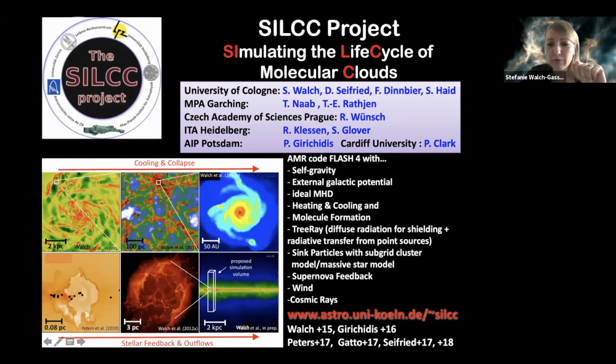In particular, what we are doing here is that we are forming cluster sink particles, and within these cluster sinks, we follow each individual massive star. So we say for every chunk of 120 solar masses of gas that is accreted, we randomly sample one massive star from the IMF. The 120 comes from when you integrate over the IMF and consider statistically how many massive stars you would form.